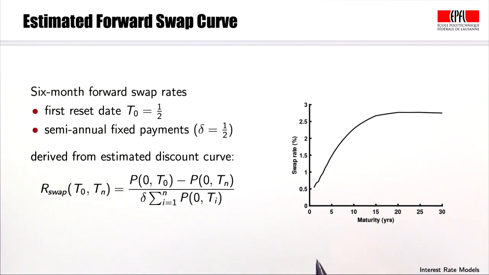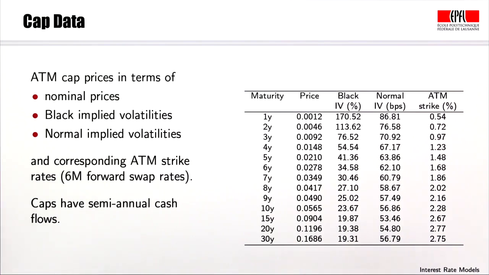The figure on the right-hand side shows these forward swap rates as function of their maturity, which ranges from 1 year to 30 years. These forward swap rates give us the at-the-money strikes of the corresponding caps with maturities ranging from 1 to 30 years.